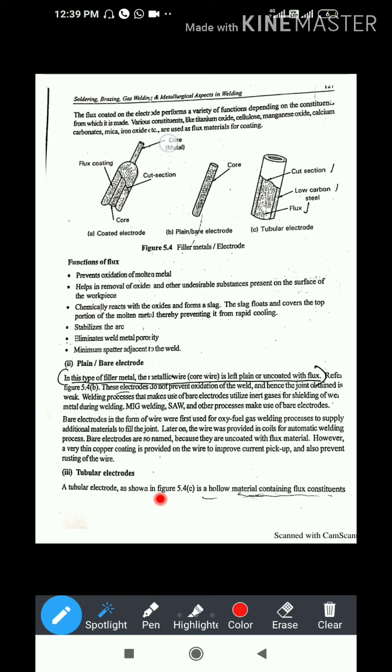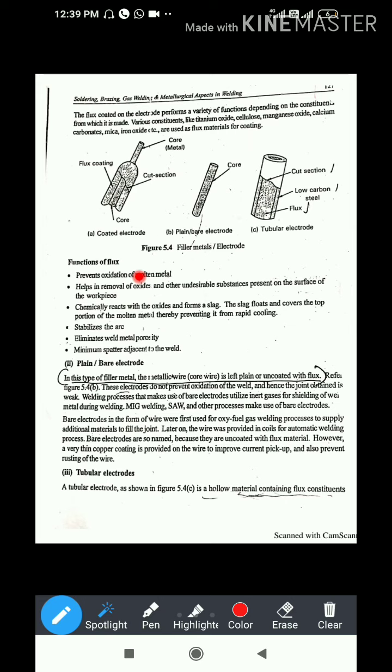You can see over here there is a core metal. Just as in the agarbatti the wooden stick is there, here there is a core, one metal. For that metal the flux is coated.